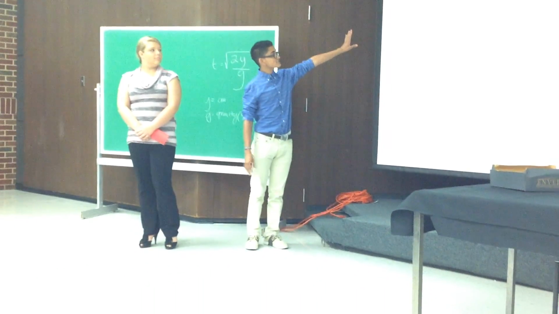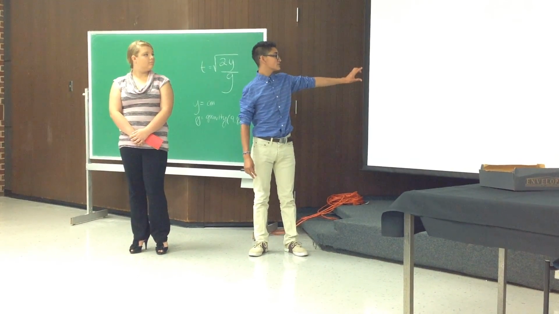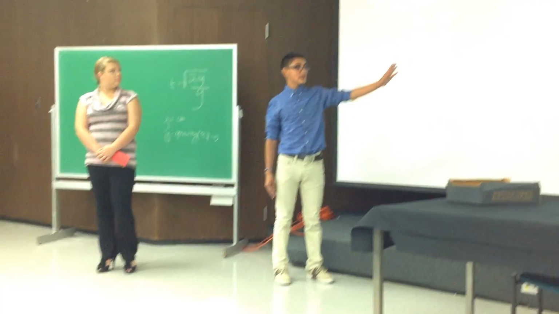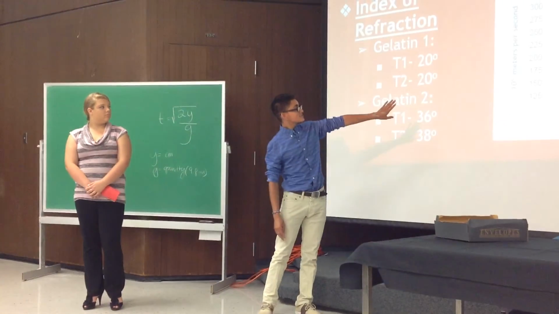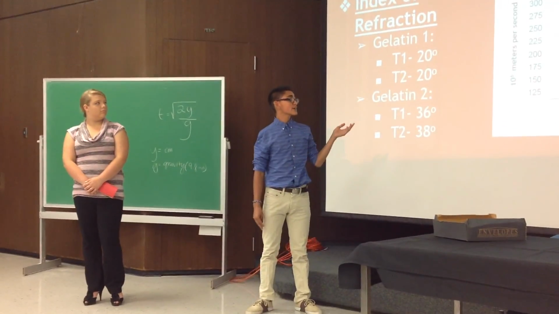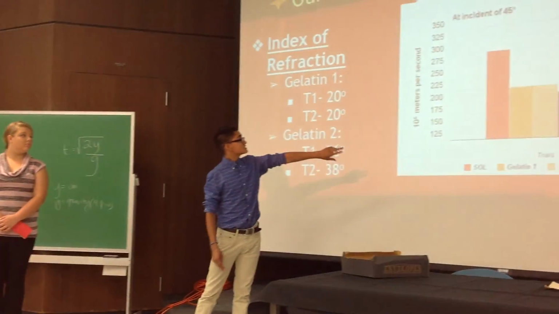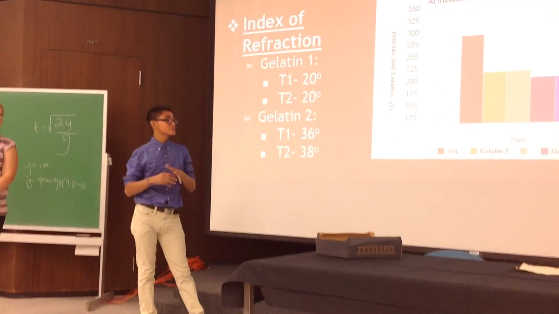Now, after we got our results, we plugged it into our graph. And here we have the index of refraction, and gelatin 1 and the two trials, and gelatin 2 and the two trials. And here's our graph. And so we wouldn't have so many numbers and significant digits, we just decided to label it 10 to the 6th power meters per second. And here, SOL, which is speed of light, we see that it's approximately 299 million meters per second.